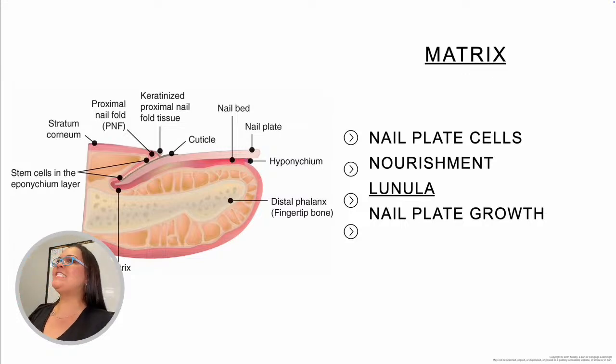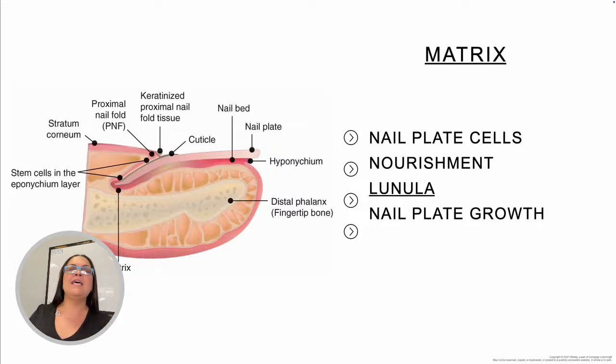That's where all the cells are formed, and then they grow into the nail plate. We could get into a whole lot of detail about this. I don't want to confuse y'all, but there are a lot of studies about stem cells and how they turn into the nail plate. I pulled up a very interesting article about that. I guess I'll talk about that in a more advanced class.